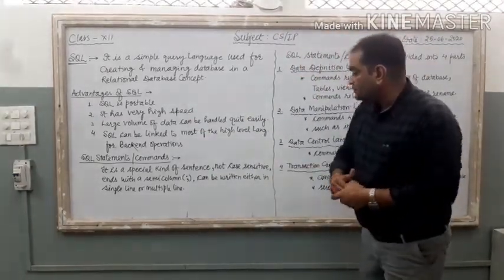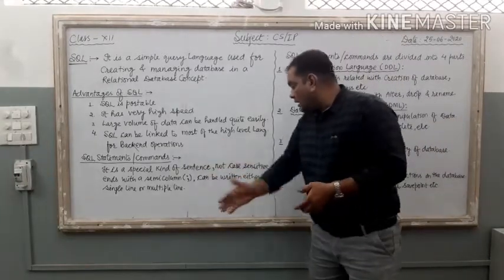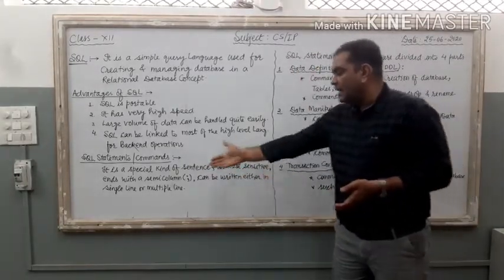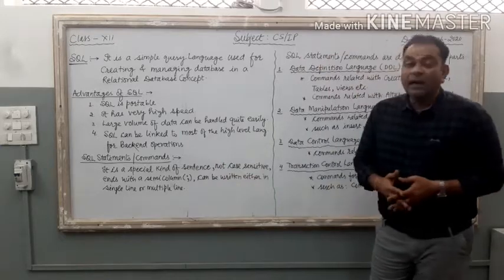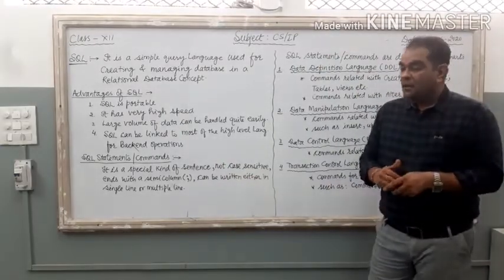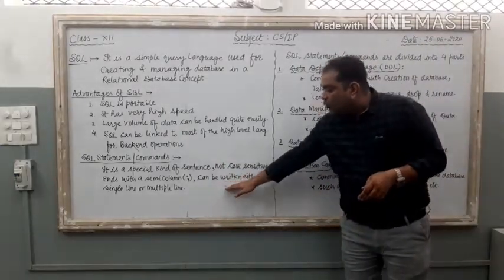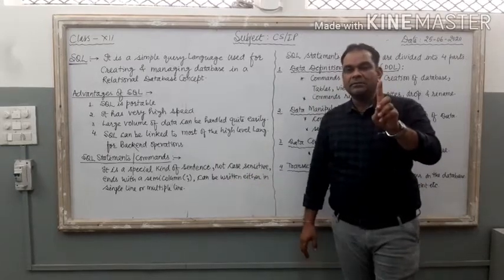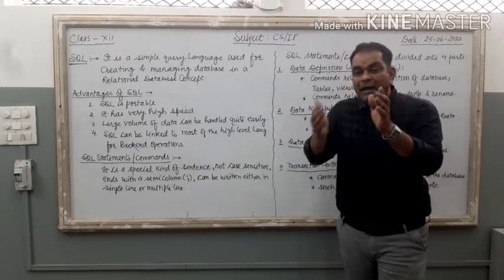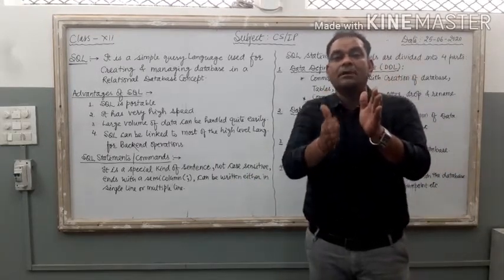Now the next one. The command of SQL can be written either as a whole in a single line, it's up to you, or you can break the command into multiple lines.